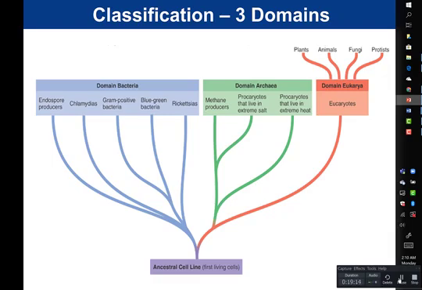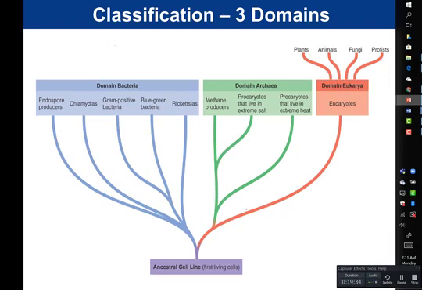So if we look at the first split, we have this blue and the red. Well, the bacteria split from archaea and eukarya early on. Notice what's interesting is if you look, archaea are more closely related to eukarya than archaea is to bacteria.